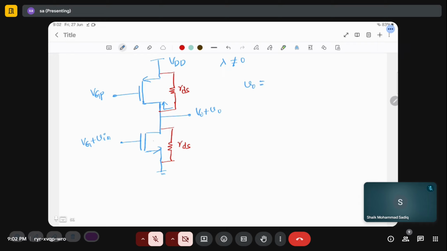Gain is minus gm1 times RDSN parallel RDSP.